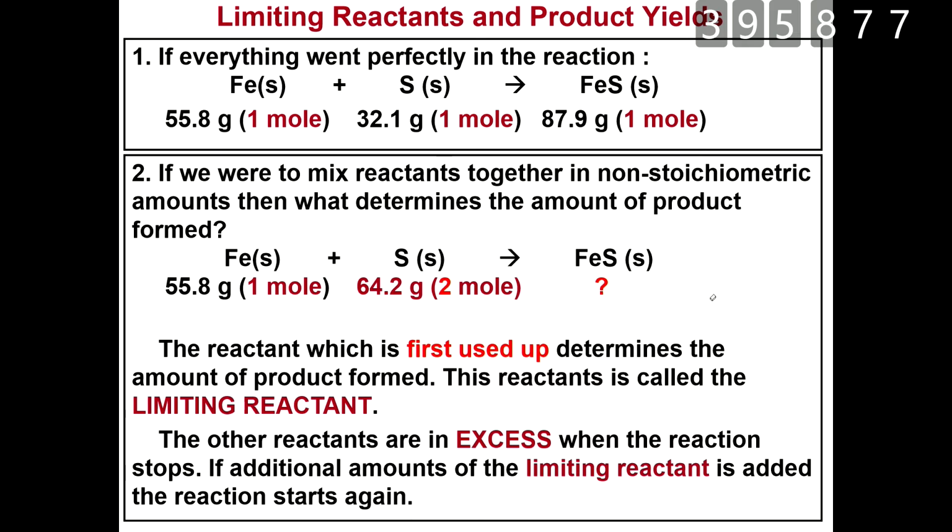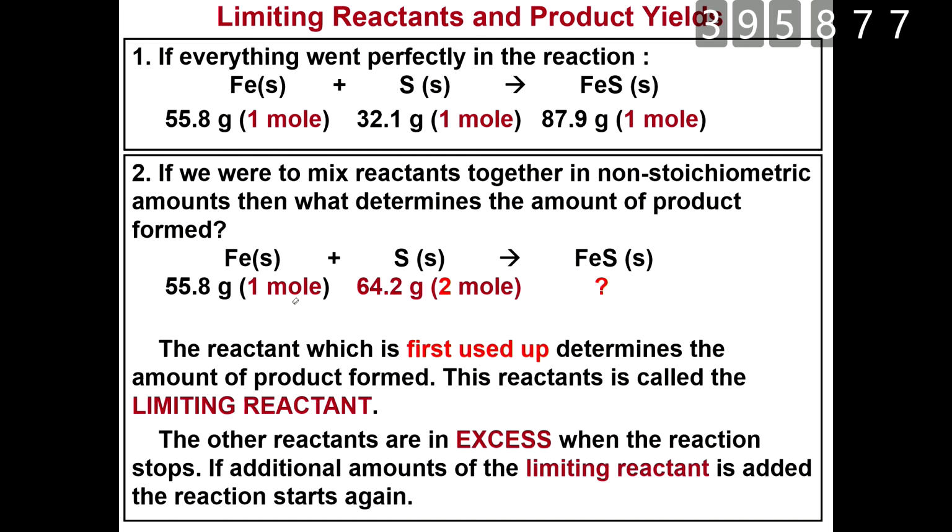Okay, so just now we introduced that in some reactions, some reactants may be limited, and some reactants may be in excess. So for this kind of reaction, the amount of the product is decided by the limiting reactant.